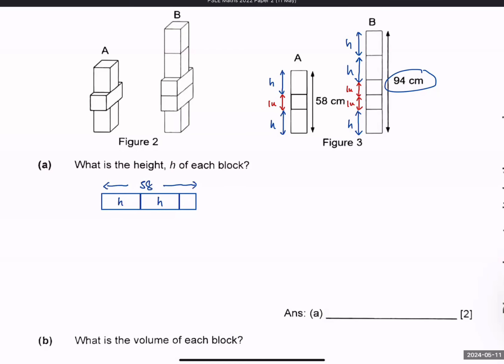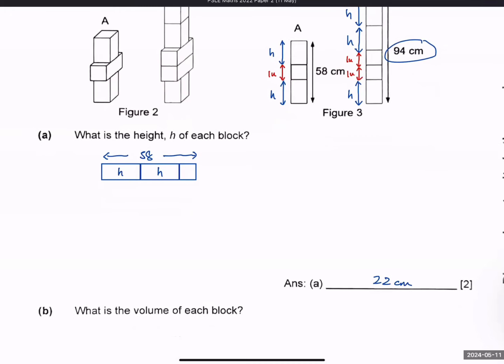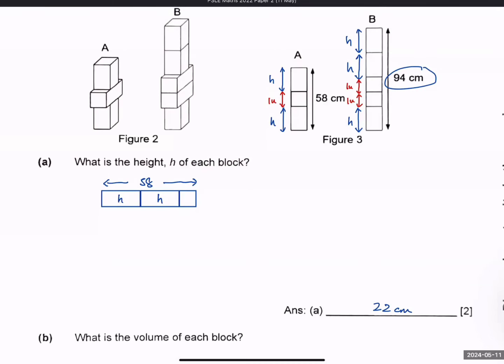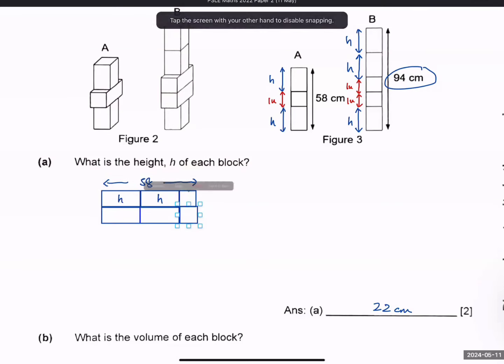By the way, the answer is 22 cm in case you are wondering. I can rearrange it, right? I put the H together, I put the 1 unit there. Correct? Then what makes up the 94? If you look at the 94, it also consists of a 58. Agree?